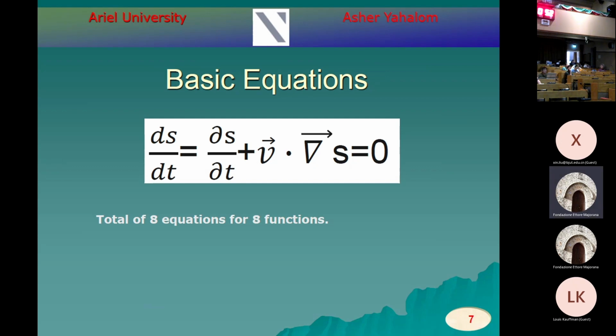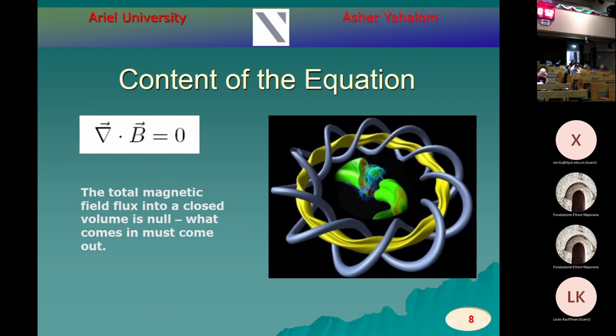And this means that we only take into account convection processes, but not conduction and not viscosity and many other things. Okay, so what is the content? Div B equals 0. We have a total magnetic field flux into a closed volume is null. What comes in comes out.